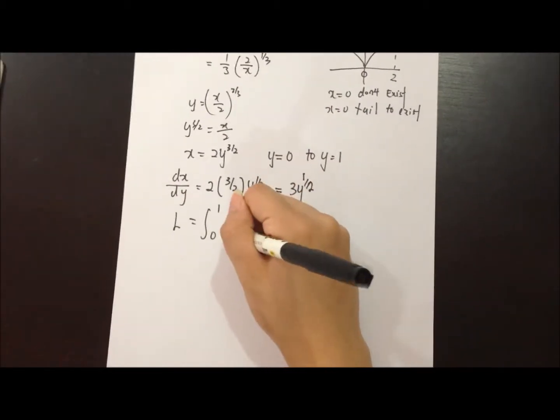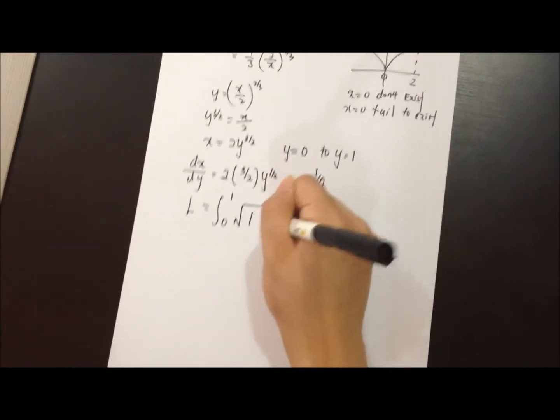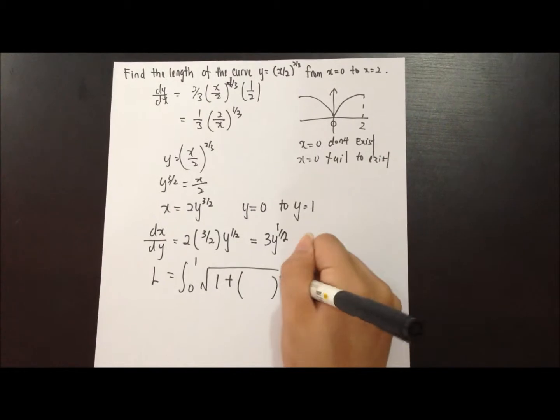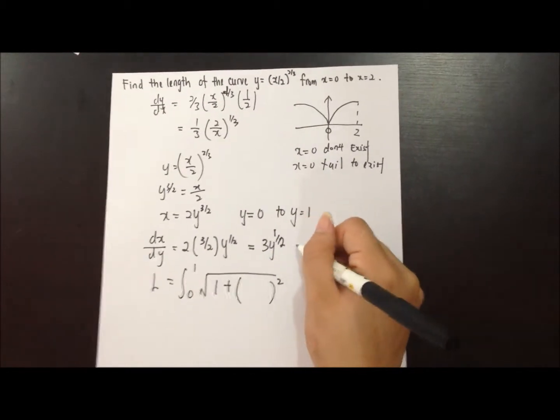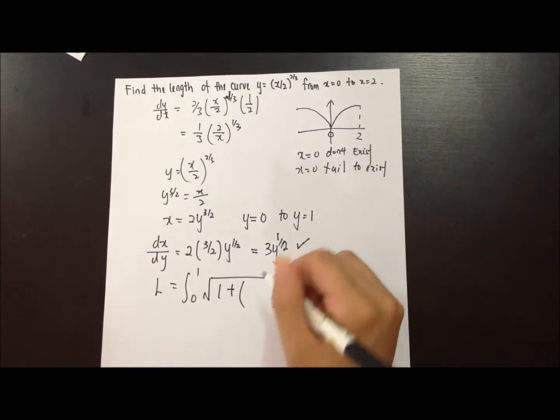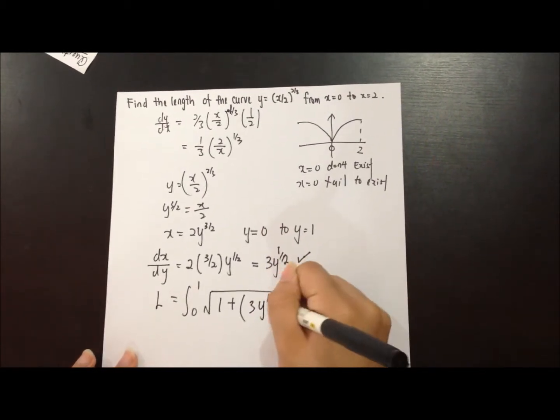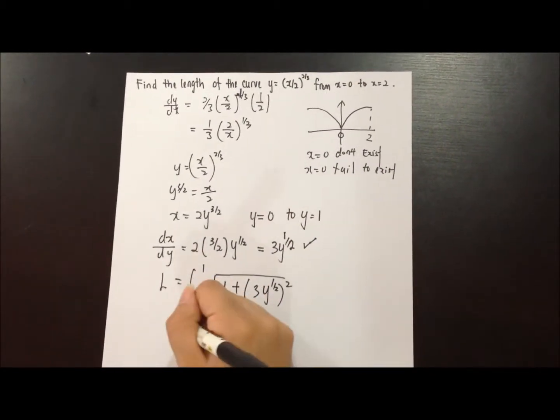The formula of the arc length uses dx/dy squared. So dx/dy is 3y to the power of 1/2. Then we straight away do it.